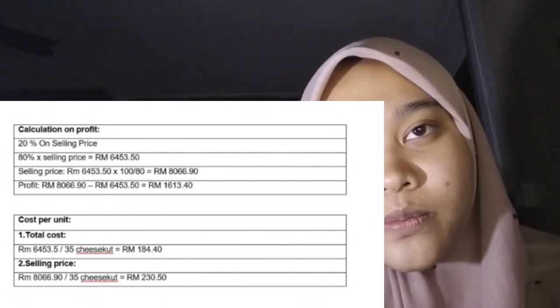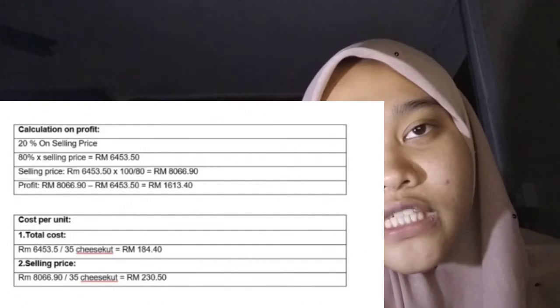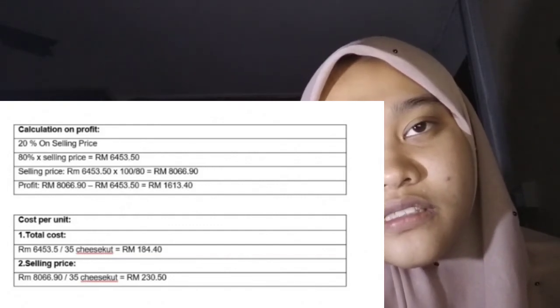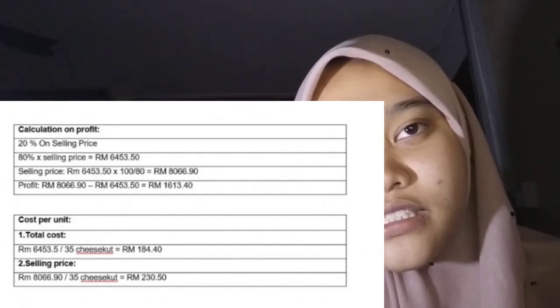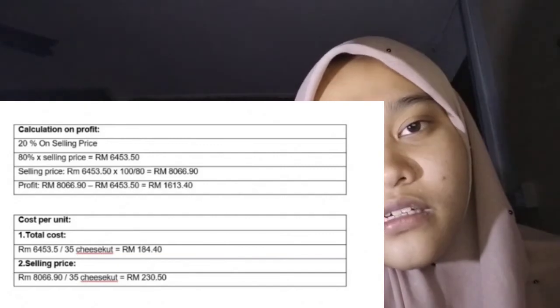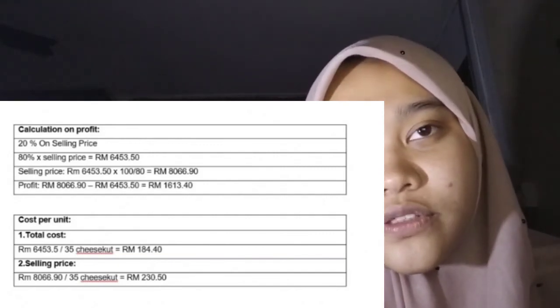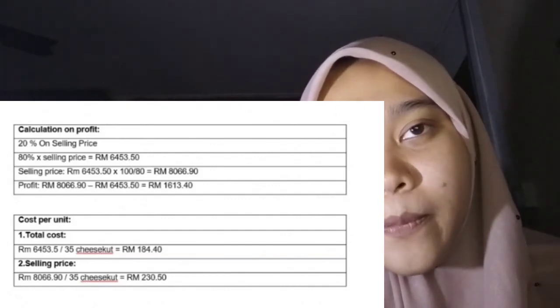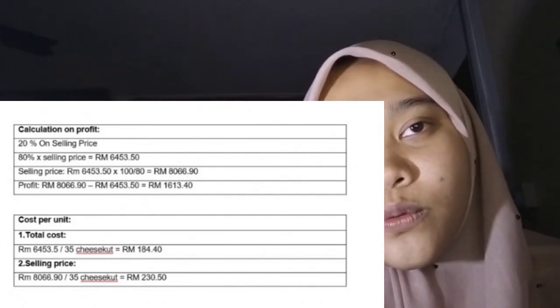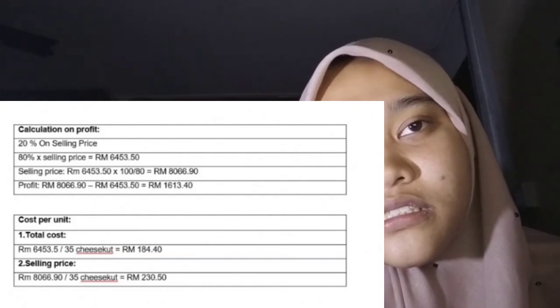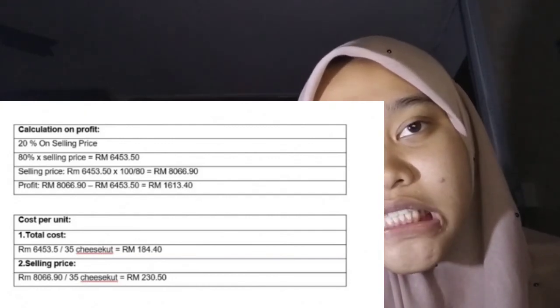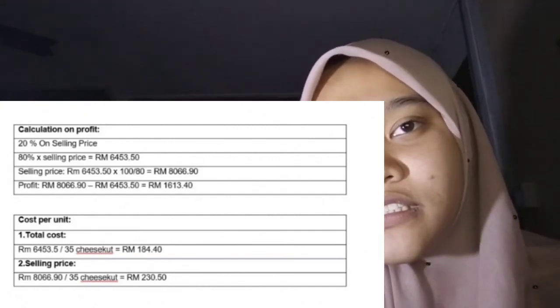So that will be the selling price. Then the profit is 8,066 ringgit and 90 cents minus 6,453 ringgit and 50 cents, which equals 1,613 ringgit and 40 cents.